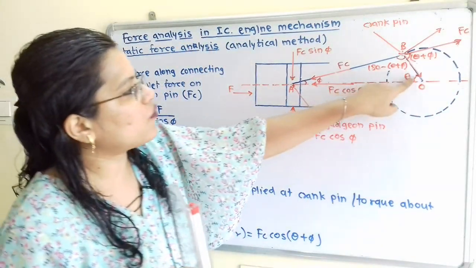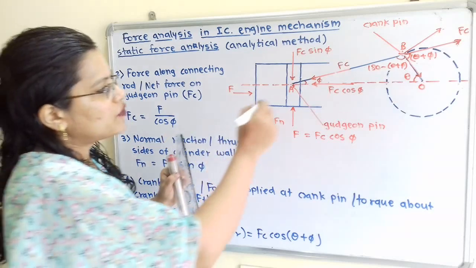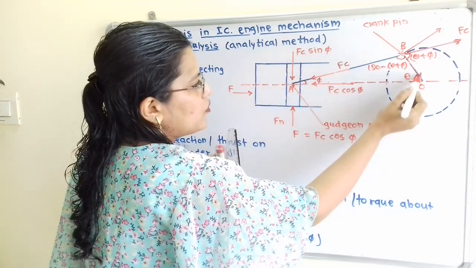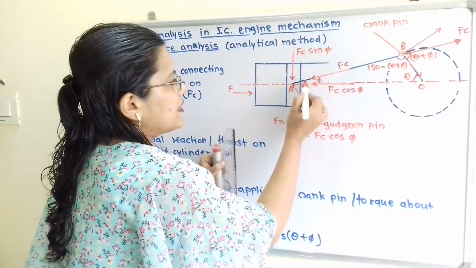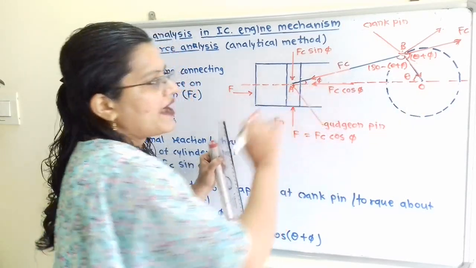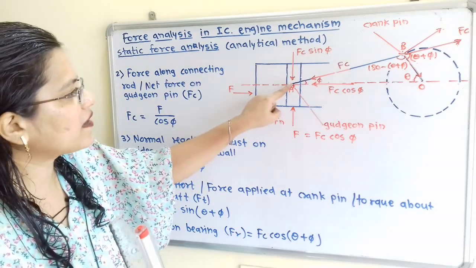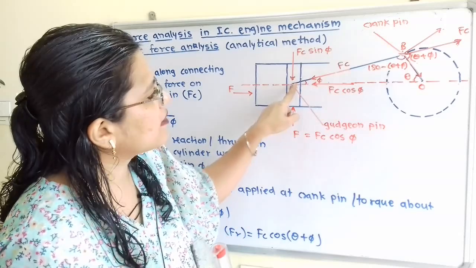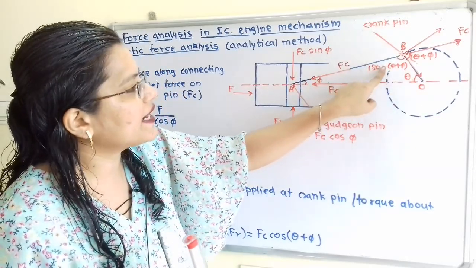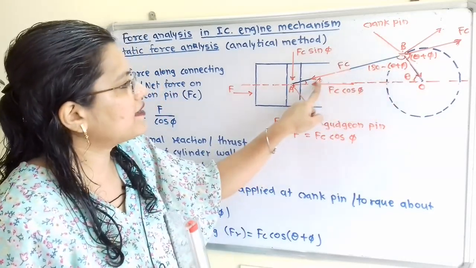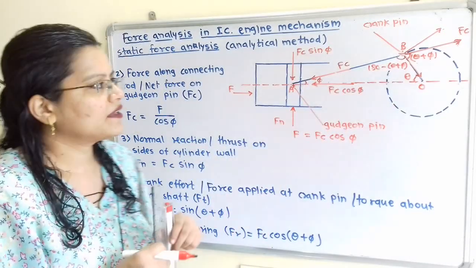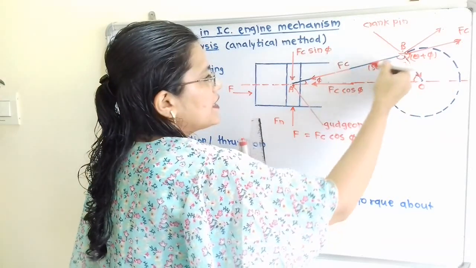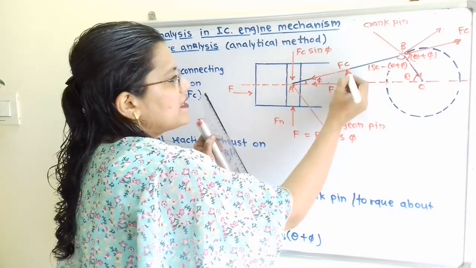Now how to find out the value of this? Now if we observe this triangle OAB, then at this point O angle theta is made. Then at this point A angle phi is made. So what is the value of angle ABO? So in this triangle, this angle ABO is equal to 180 minus in the bracket theta plus phi. Now if we observe, this is the straight horizontal line, that is where this Fc is getting resolved.